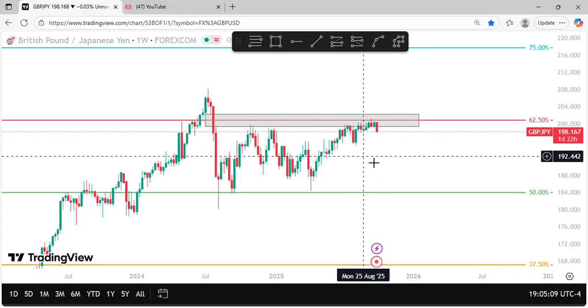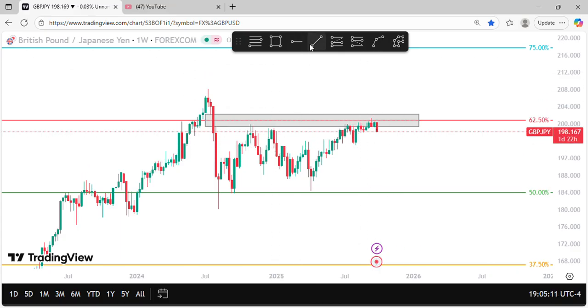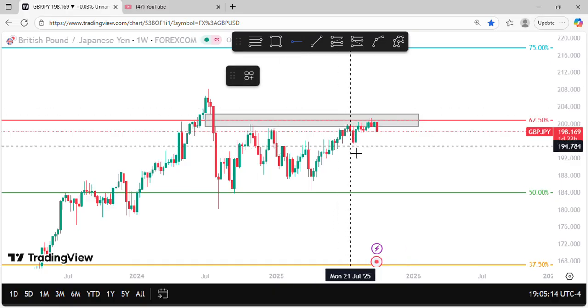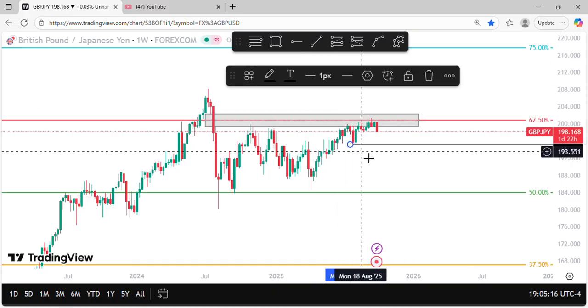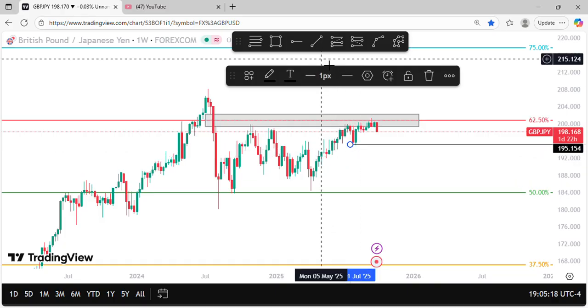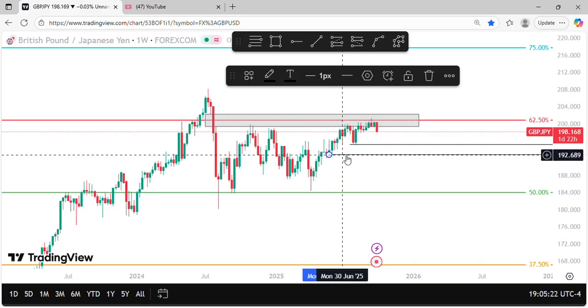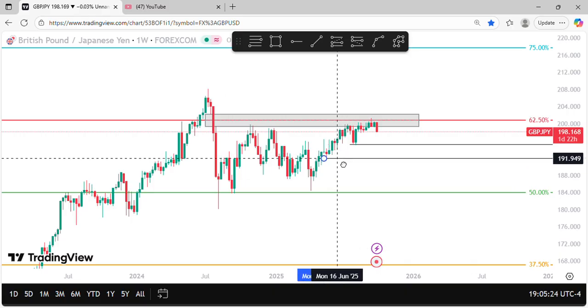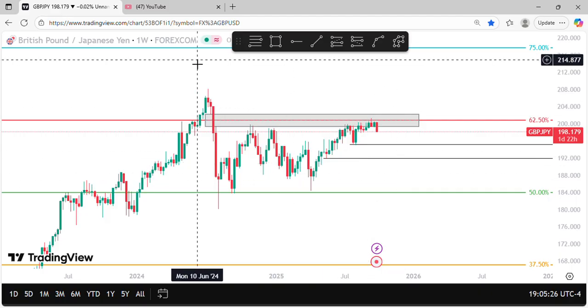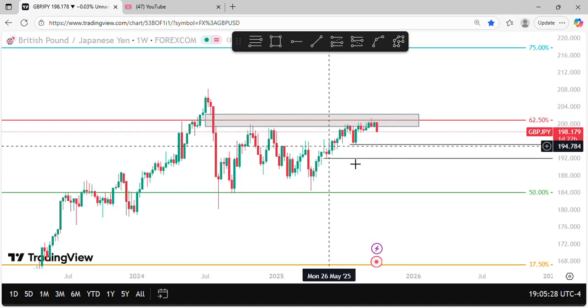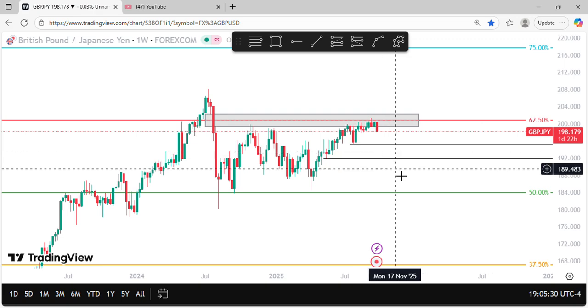Then we could be looking at levels like this, this sell side liquidity, or this place as well, this level as well, or even this level as well for the sell side liquidity. And this is on the weekly time frame, so you can see that there is quite some space to be covered by price at the moment.